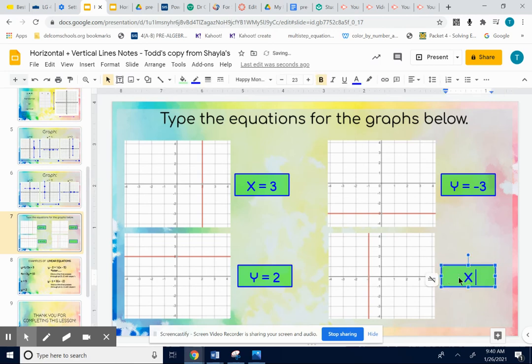So the equation is x equals -1. Keep in mind, vertical lines will always be x equals a number. Horizontal lines will always have the equation y equals a number. You'll get used to this, better at this.